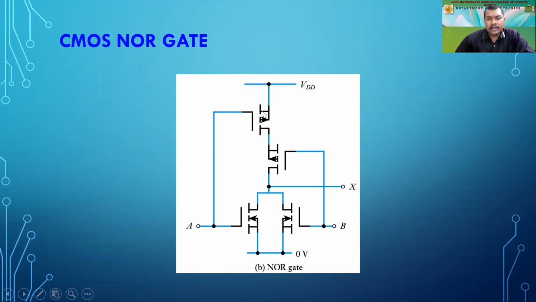Similarly, one of the transistors in these two series will be cut off. So one transistor will be off, so that this VDD will not come across this point, and only ground will be connected to this point. So automatically 0 will be there. Okay, so whenever we are having 1 0, 0 1, or in that case 1 1, the output will be 0. So this is the truth table of the NOR gate.